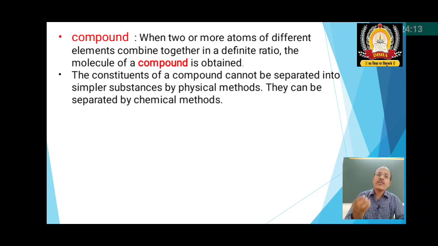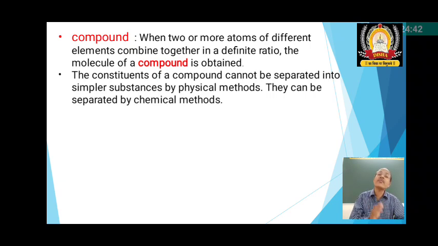For example, when water is electrolyzed by adding a small amount of acid, because water is a bad conductor. So if we add a small amount of acid, that increases the conductivity of water. Therefore, when water is electrolyzed, hydrogen and oxygen are formed.